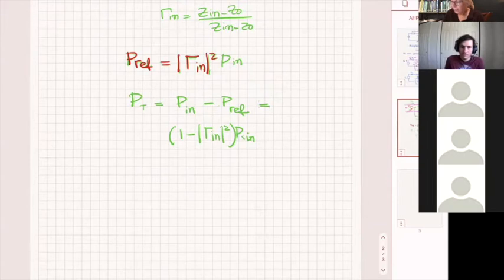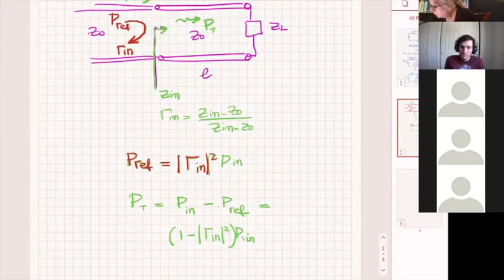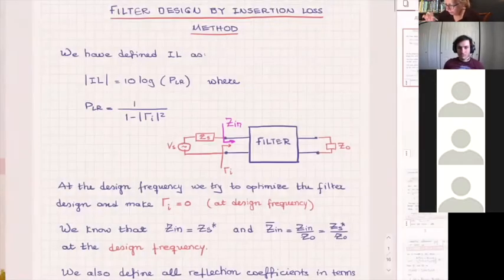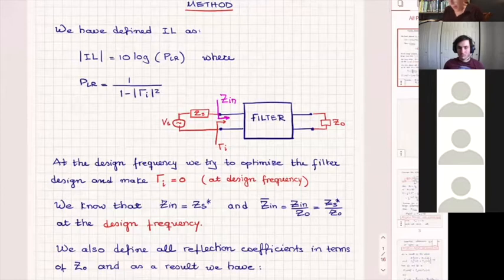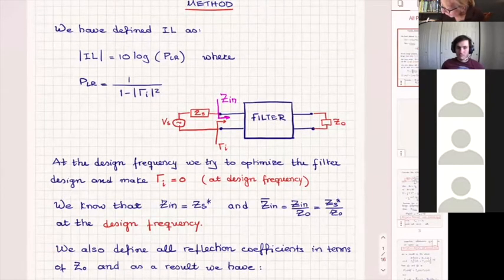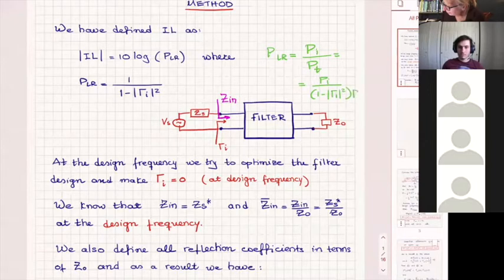Having said that, if we go back to our problem with the filters, you see that the ratio PLR is nothing else but P incident divided by P transmitted, which is P incident divided by 1 minus the magnitude of gamma incident squared times P incident.